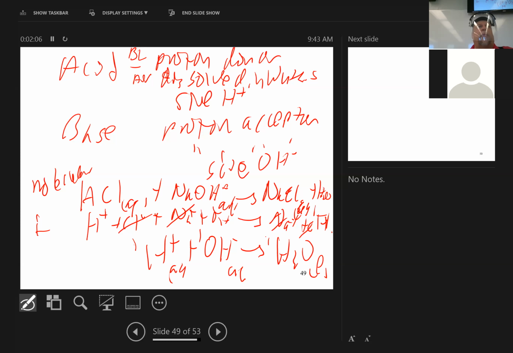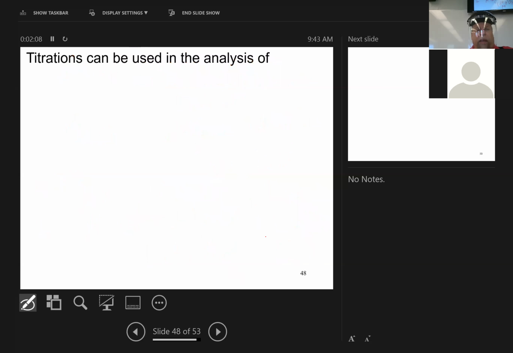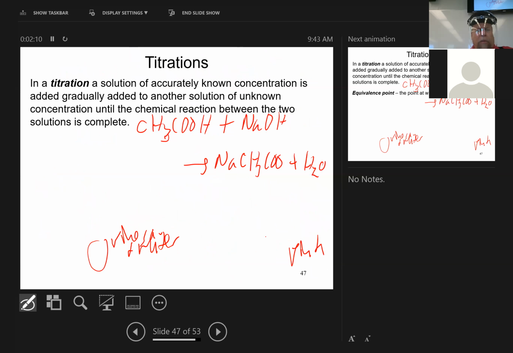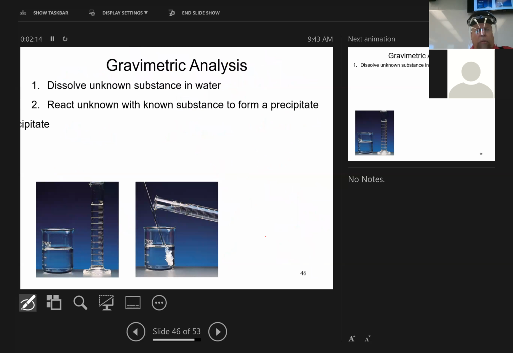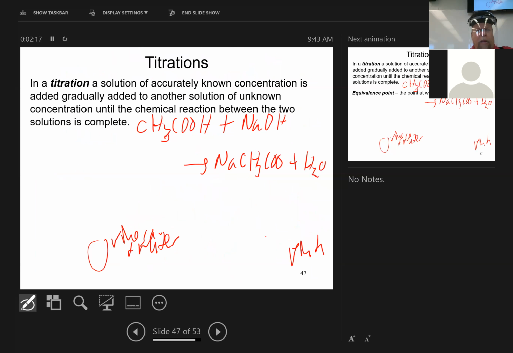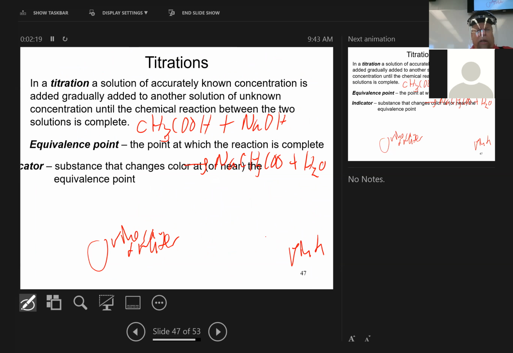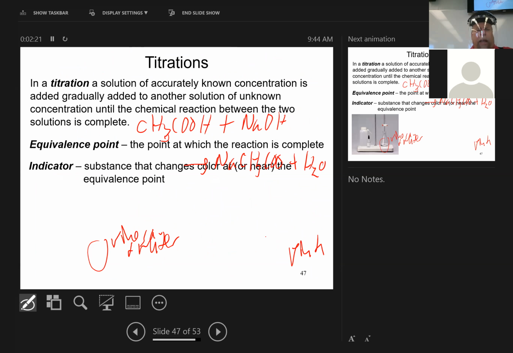So what was said about the equivalence point on the previous slide: when you have the titration, the equivalence point is where the reaction is complete, where the hydrogen ion plus a hydroxide ion goes to form the water molecule, okay? That is the nature of an acid-base reaction.